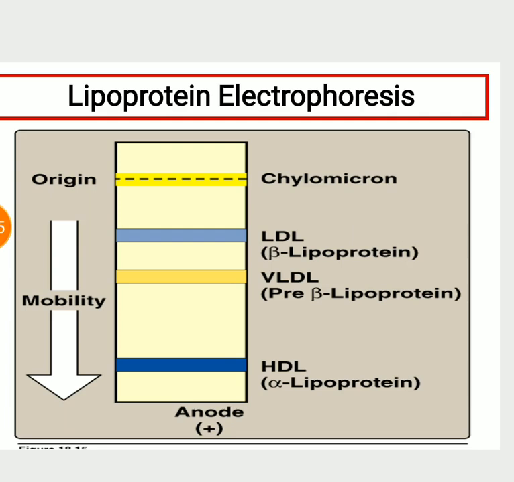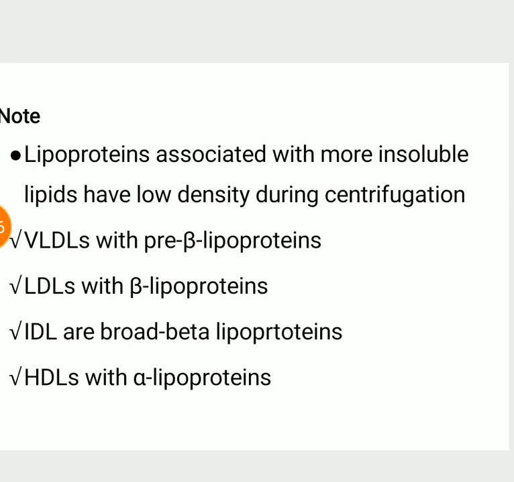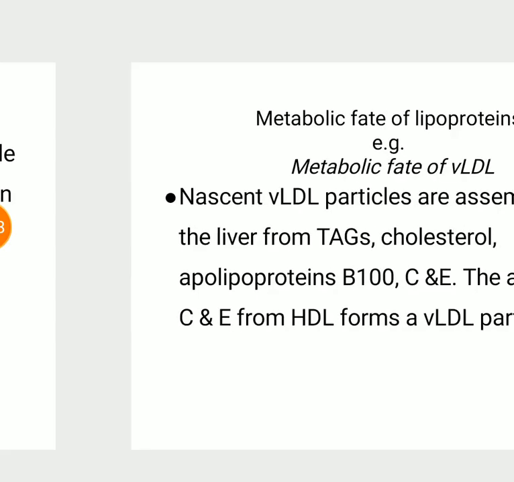It is known as the alpha lipoprotein, followed by the VLDL as the pre-beta, and LDL as the beta. In between the pre-beta and the beta, we have the IDL, the remnant, which is called the broad beta. Lastly, the chylomicron is above.